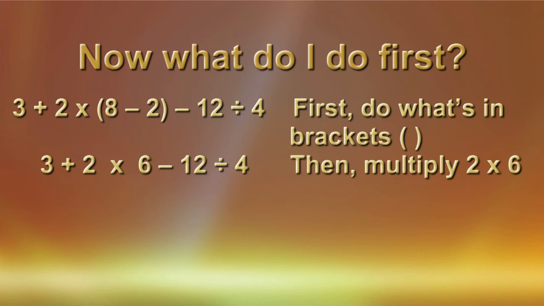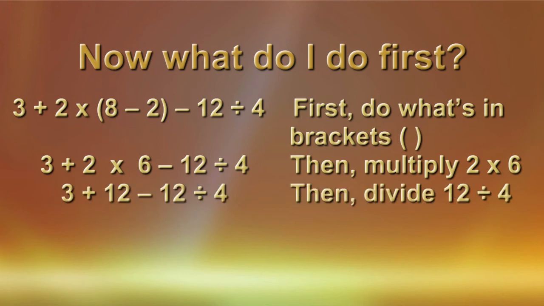So now, remember the rules we did before. The next thing to do is all the multiplying and dividing, starting on the left. Again, you have to remember, start on the left. Well, there's multiplying and there's dividing, but the multiplying is on the left. 2 times 6. So, multiply the 2 times 6. That gives you 12. So now you have 3 plus 12 minus 12 divided by 4.